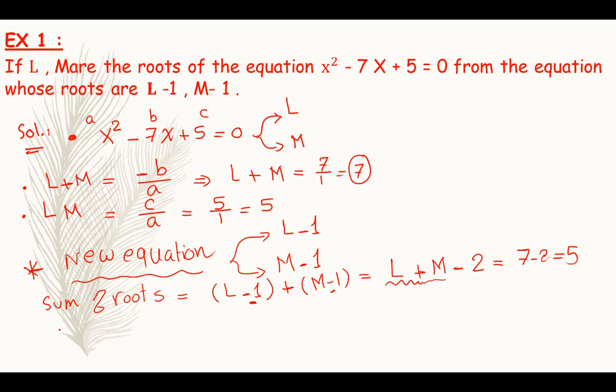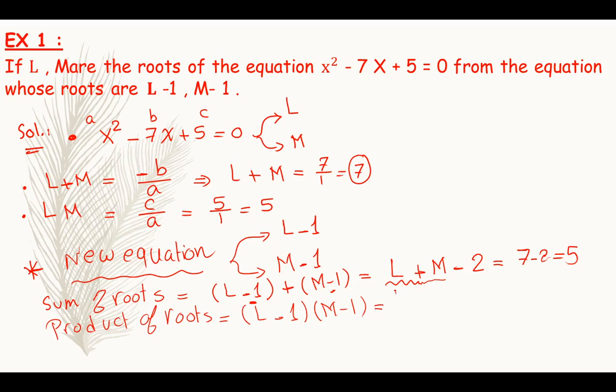Again, product of roots equals L minus 1 multiplied by M minus 1. So sum means plus, product means multiply. Let's multiply the two brackets together.